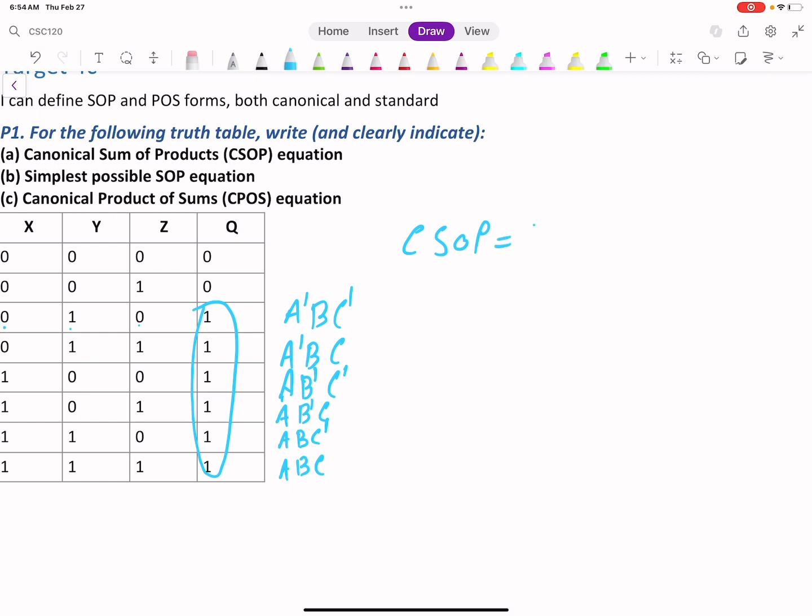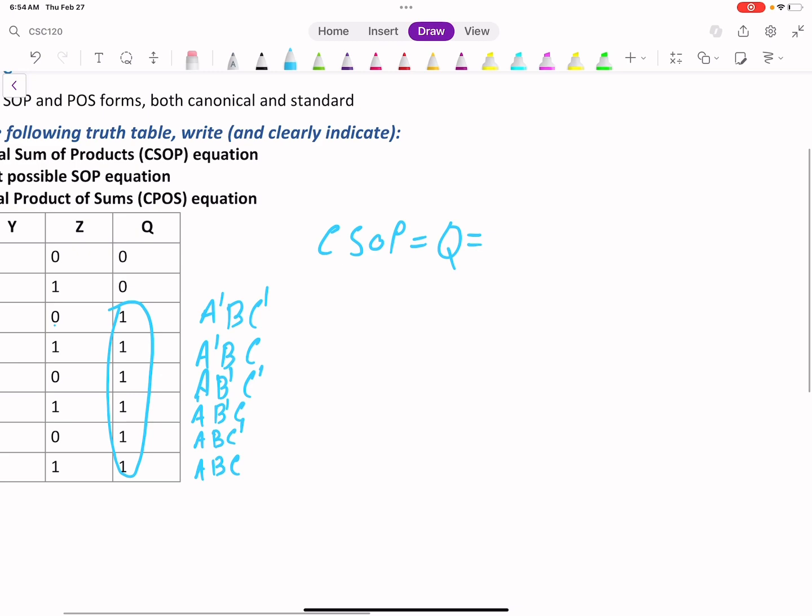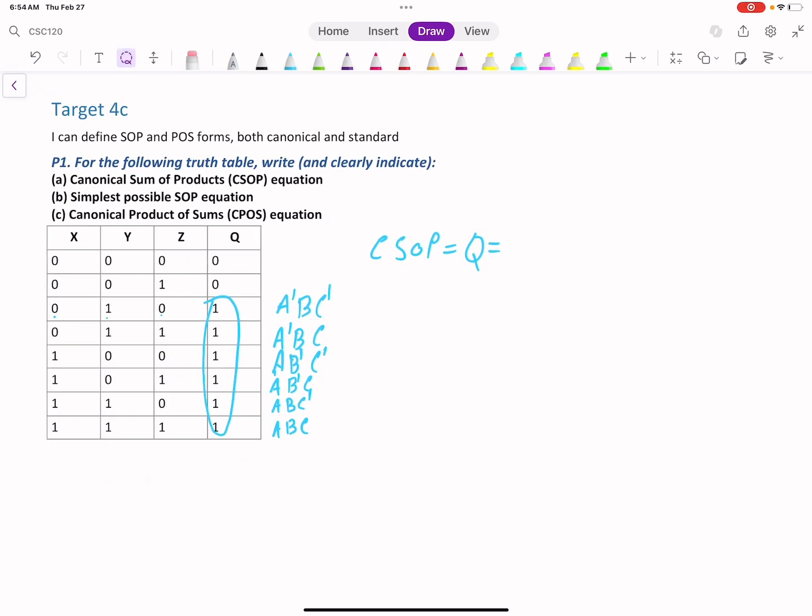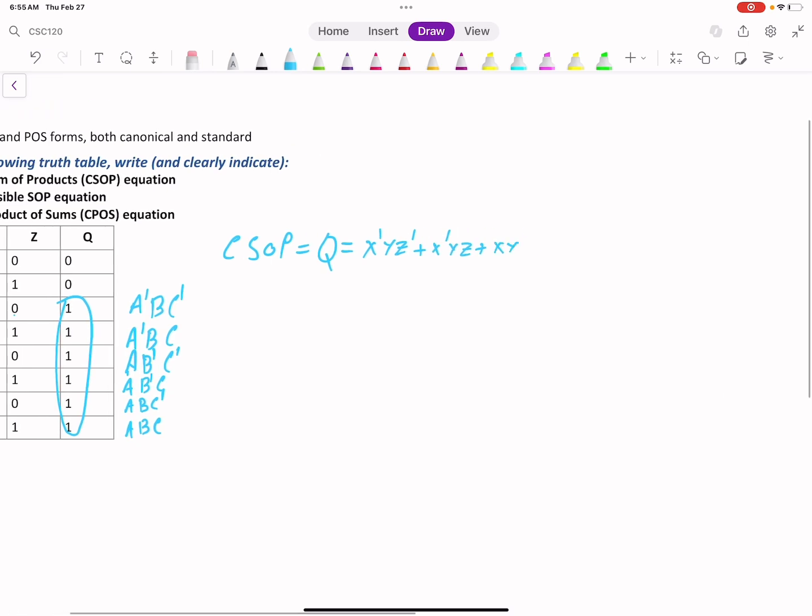So that's going to be Q equals, and by the way, I wrote ABC, which could be the same thing as X, Y, and Z. I'm just used to X, Y, and Z, so over here I'm going to write it in the X, Y, Z form: X prime, Y, Z prime, plus X prime, Y, Z, plus X, Y prime, Z prime, plus X, Y prime, Z, plus X, Y, Z prime, plus X, Y, Z.